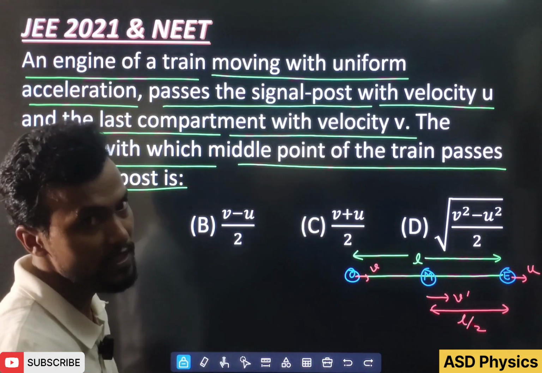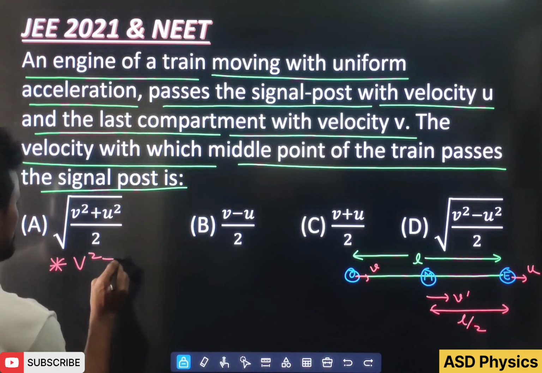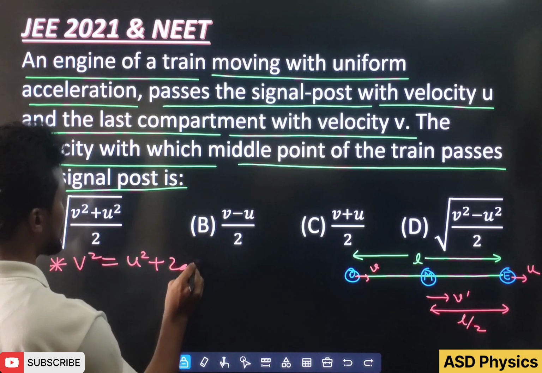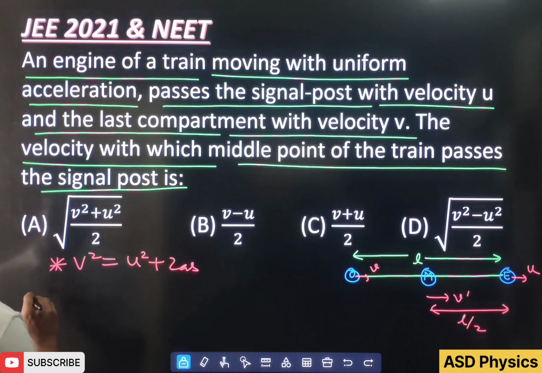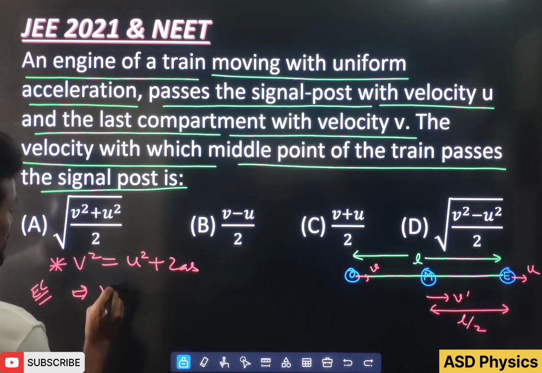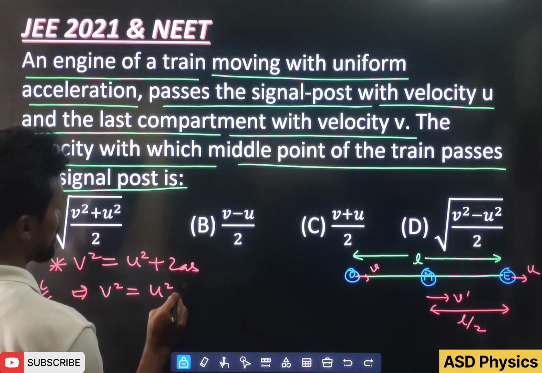Okay students, see here, first we are going to use the equation of motion. It looks like the third equation of motion: V square equal to U square plus 2AS. First I am going to use it between engine and compartment, that means EC. Final velocity V square, initial velocity U square.